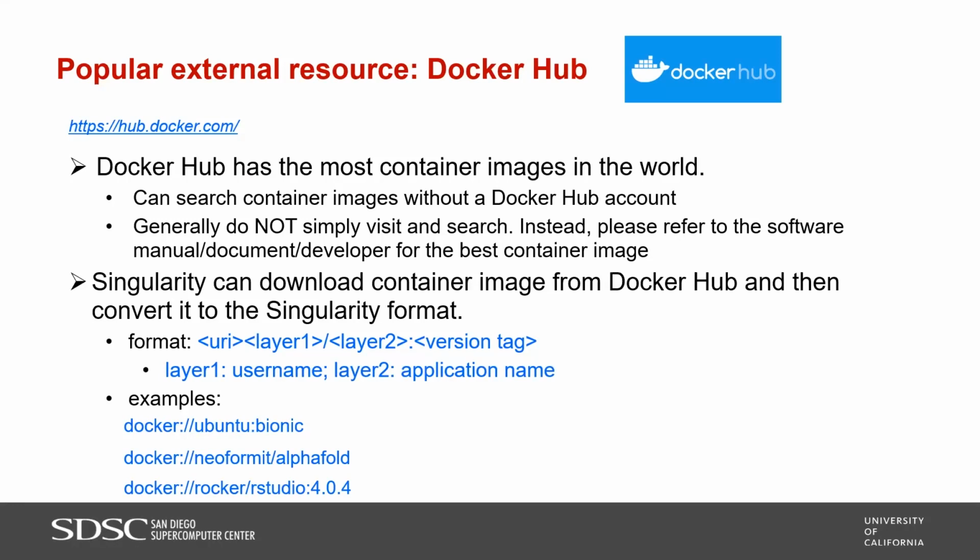It saves many Docker image contents, and you can just go there and search container images without an account. You can search for which software you need. Usually, if you are lucky, you can find the software you need.